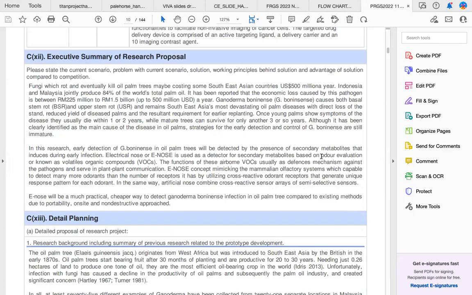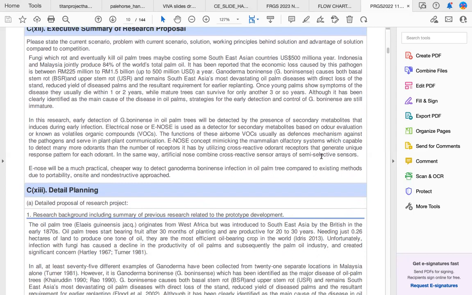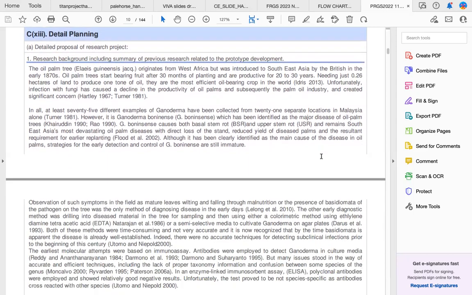We need to have an executive summary, so similar. Okay. We have problem statement, working principles, advantage of the solution. So actually it's quite similar, it's just that the words used now are more practical because it's applied research. And then research background.